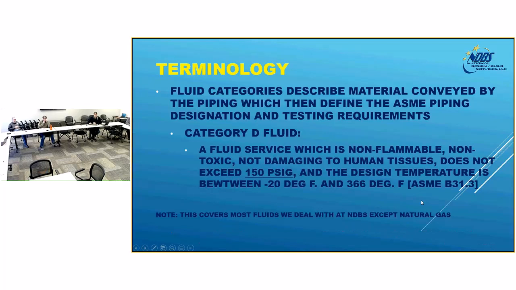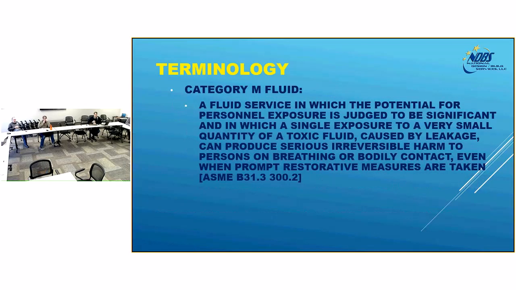I'm going to switch this to actual presentation mode here. So then we get into category M fluids, and again, ASME starts with the fluid designation to determine which ASME code it needs to adhere to.